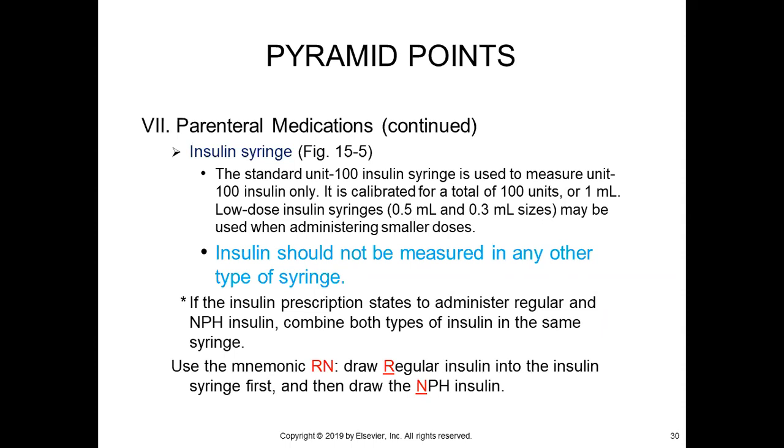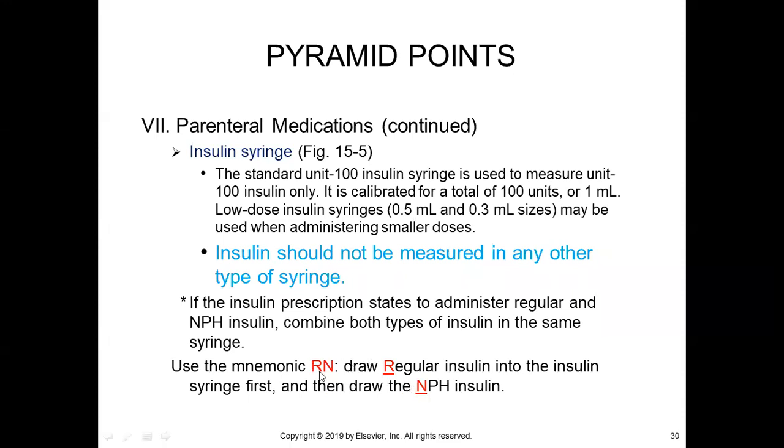So if the insulin prescribed states to administer regular and NPH insulin, combine both types of insulin in the same syringe. When we are mixing two different types of insulin in the same syringe, use this to memorize: RN.